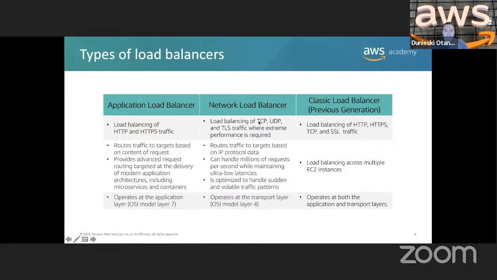Those are protocols for traffic transfer. Remember, it's layer 4. And TLS, which is a secure way to transfer traffic from one place to the other. This is a new generation of SSL, which is secure socket layer.